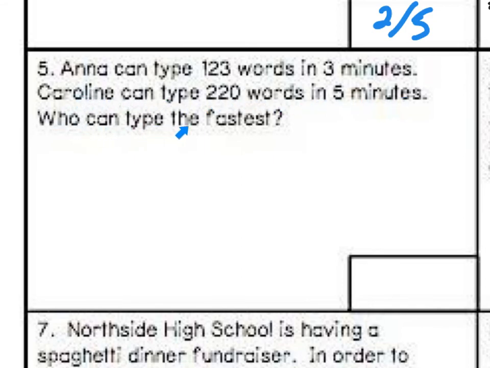Who can type the fastest? So this is asking us, once again, it's a comparison, but they're asking for the best rate per minute. So this is similar, but instead of working with money, we're working with words and minutes. When you're done, if you want to restart this video, the answer will be there so you can check it.